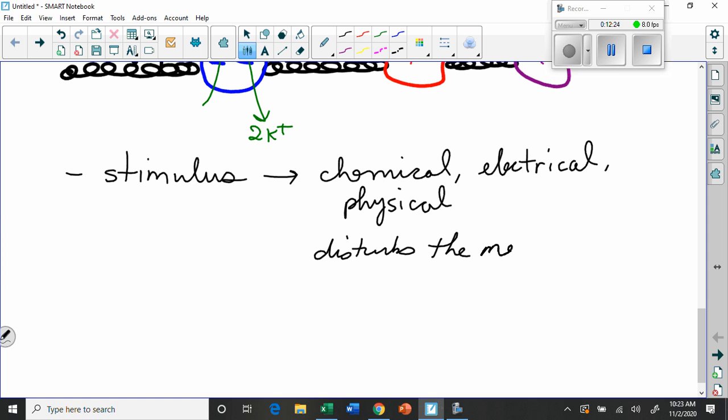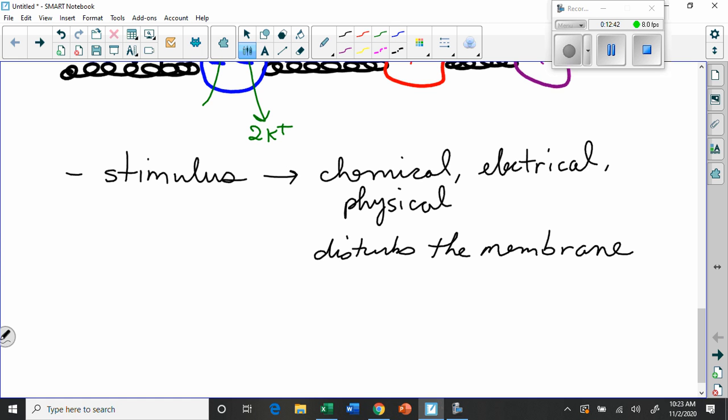And when you disturb a membrane, you change it. You change its function. Remember what membranes are. They're very fluid, gushy, sloppy organizations of molecules that hold themselves together by their hydrophilic and hydrophobic nature, right? And to have these protein gates inside.